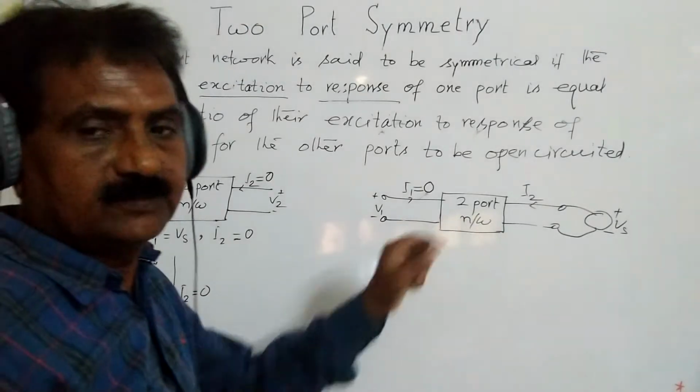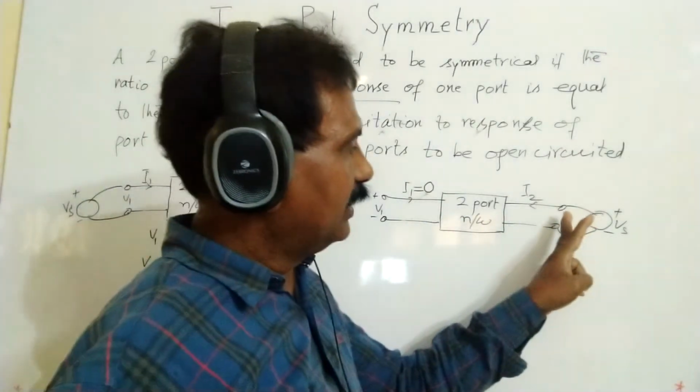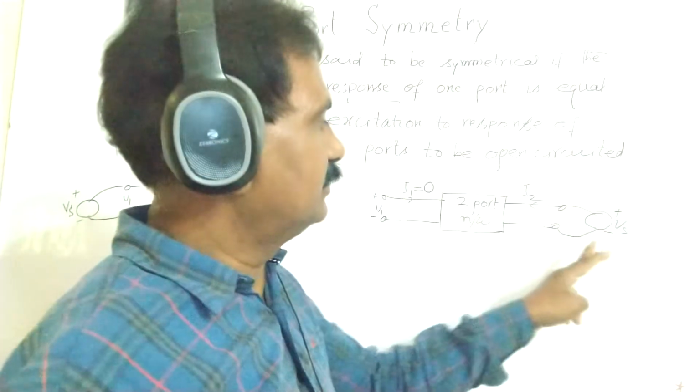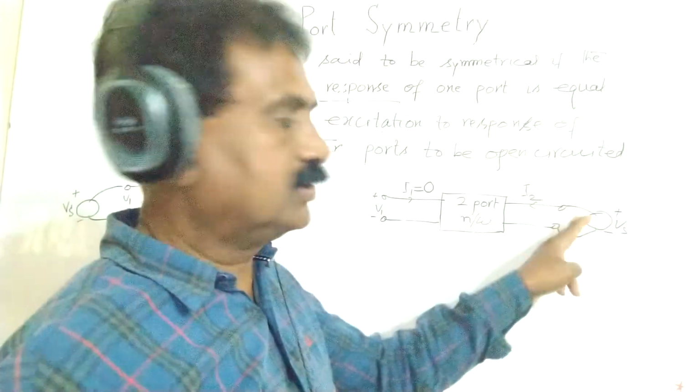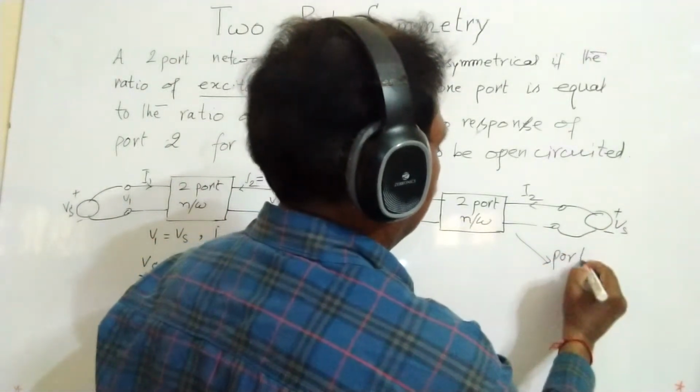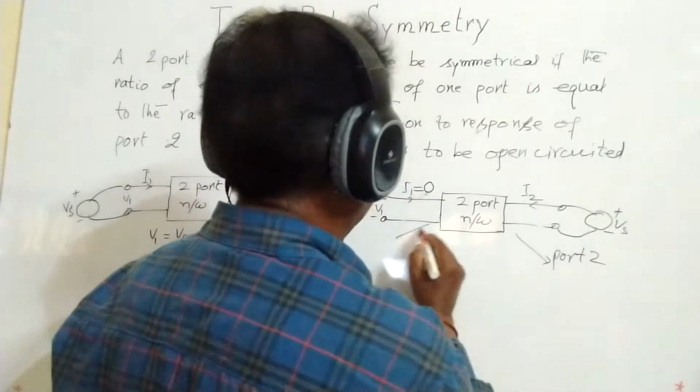Now come to this port. Here we have connected a voltage source Vs with the second port. This is port 1, this is port 2.